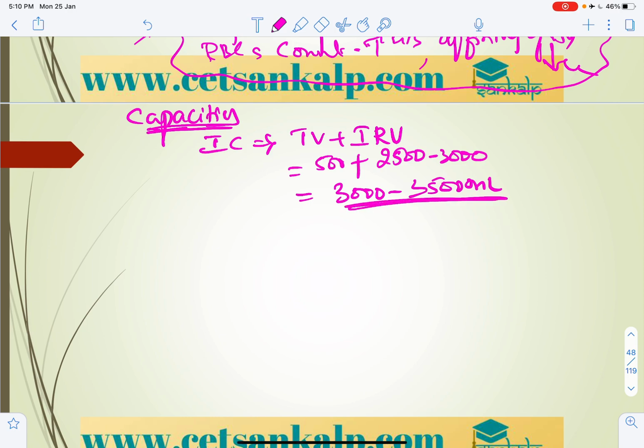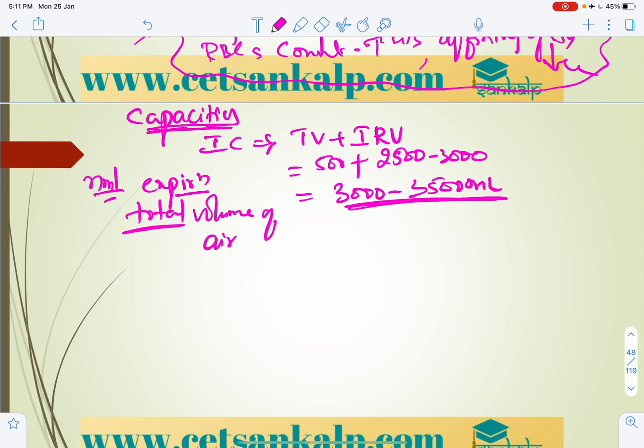So we can calculate this easily. What is the total amount of air inspired after normal expiration? After normal expiration, the total volume of air inspired. You won't say additional, because it is not reserved. Total volume of air inspired after normal expiration.